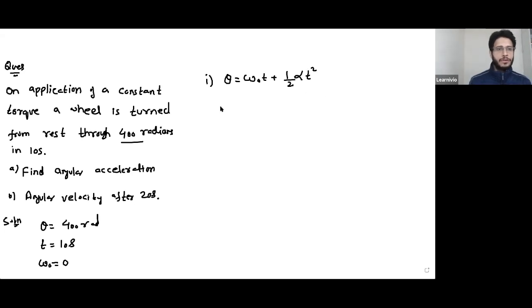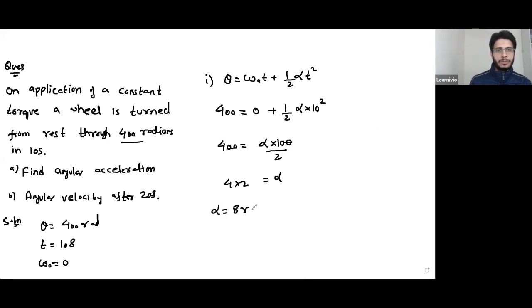The first one is straightforward: theta is 400, omega naught is 0, so 400 equals half alpha into 10 square, alpha into 100 by 2. It gets cancelled out, 4 into 2, so alpha is 8 radian per second square.